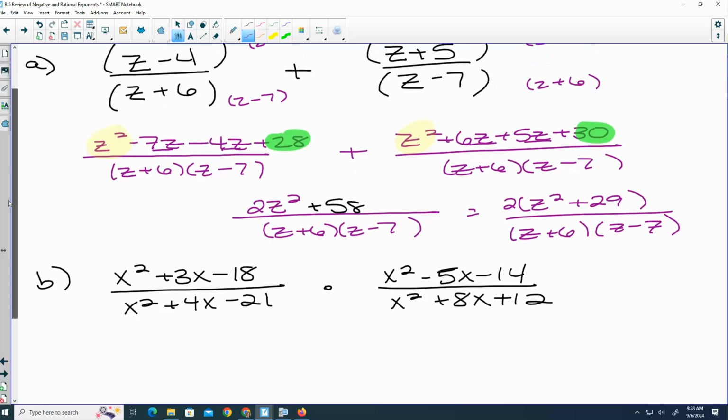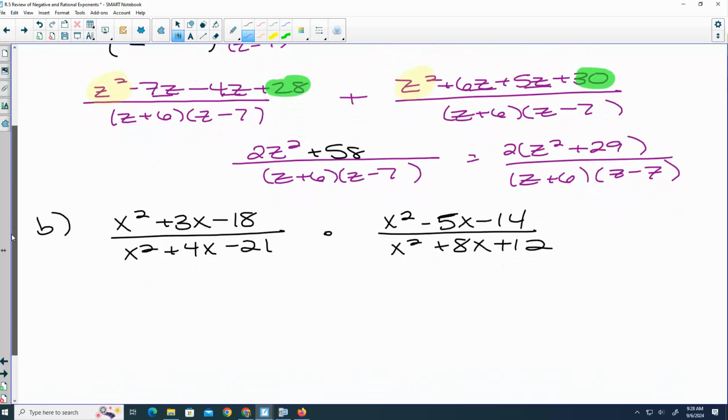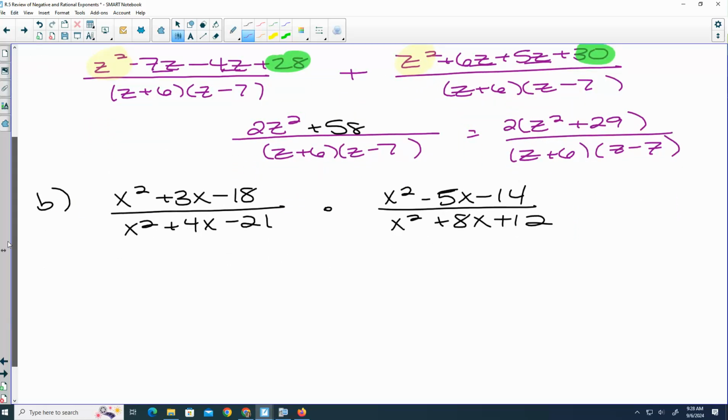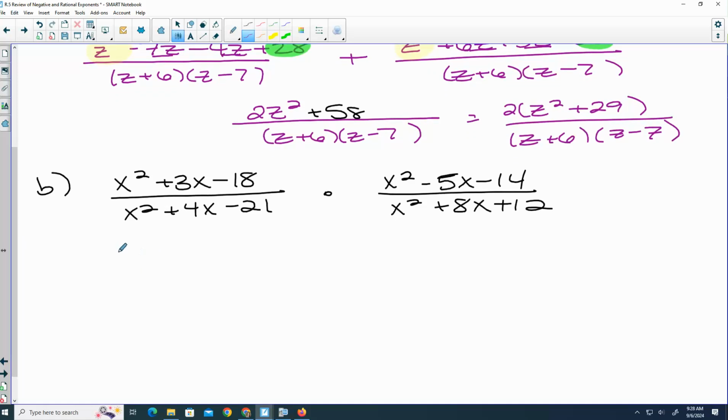Alright, so if you're adding and subtracting, you need a common denominator. If we are multiplying or dividing, what do we do? If you were dividing, you do the reciprocal. First you would factor.